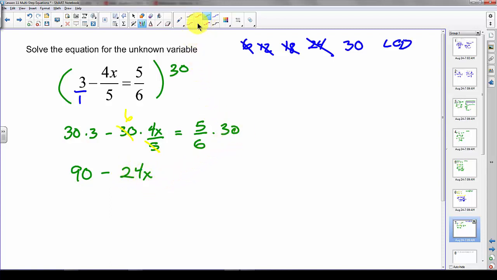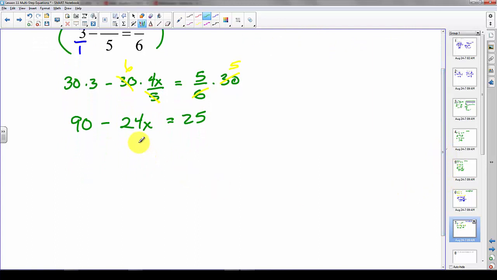And in this case, my 30 and my 6 reduce to a 5. So I really have 5 times 5, which in this case is 25. And now I have to solve this multi-step equation. Since the 24x is the multiplication, I'm going to deal with the 90 first, so I'm going to add a negative 90 to both sides.